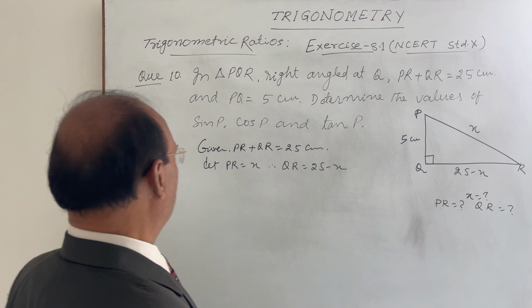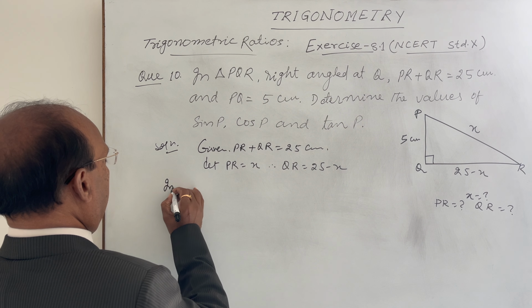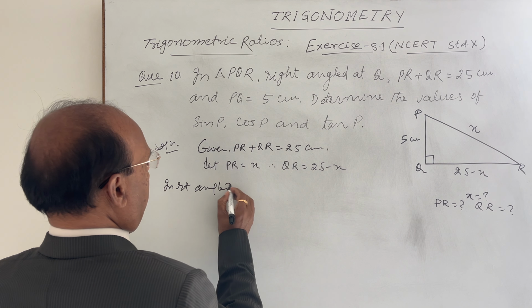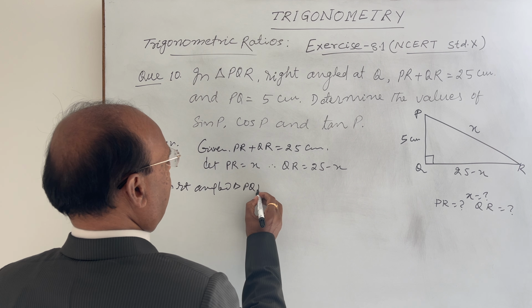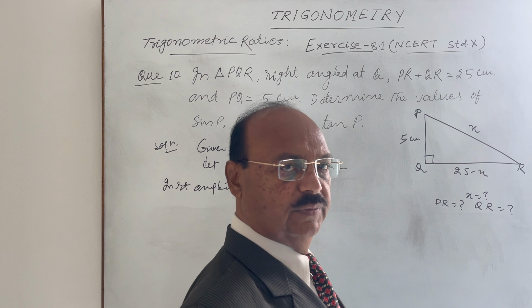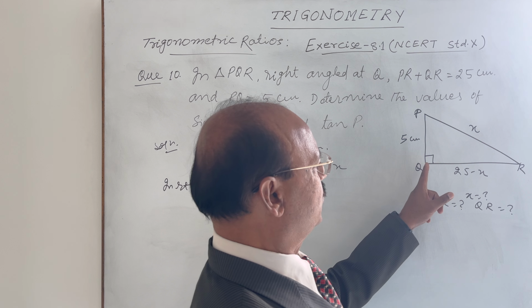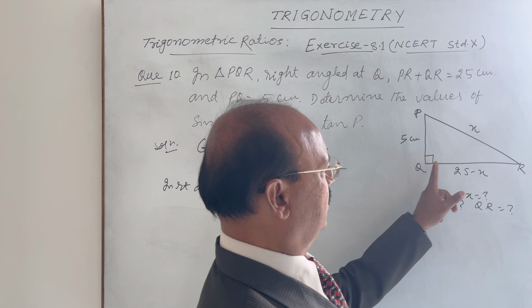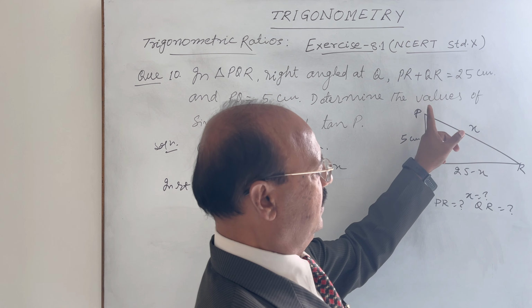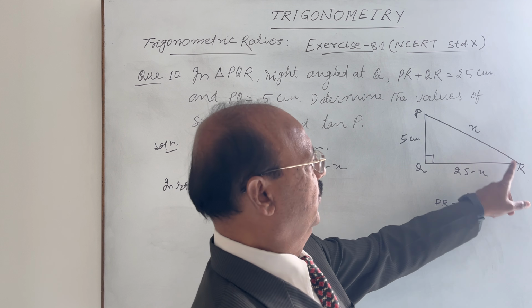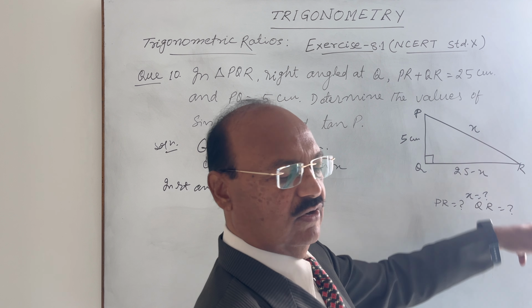So we know that in right angle triangle PQR, by Pythagoras theorem you can write PQ square plus QR square is equal to PR square, because PR is the hypotenuse, the longest side.